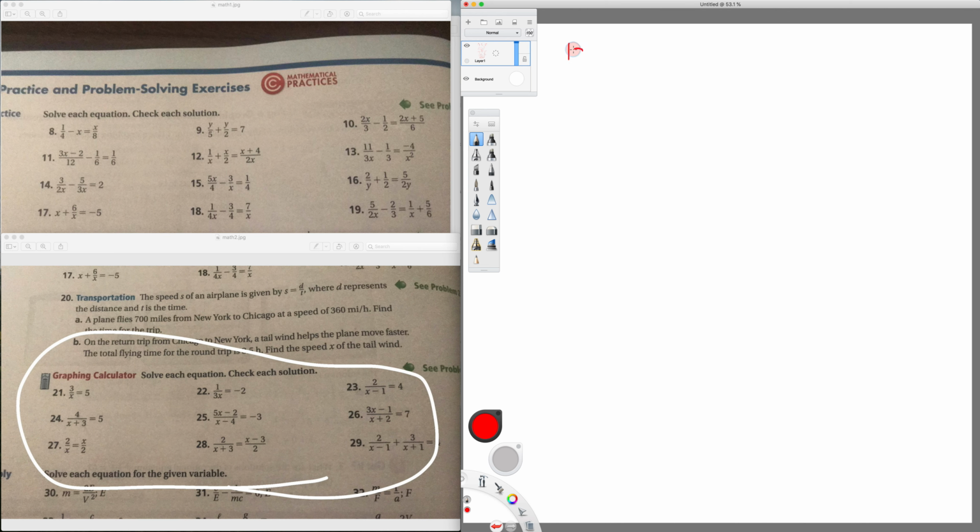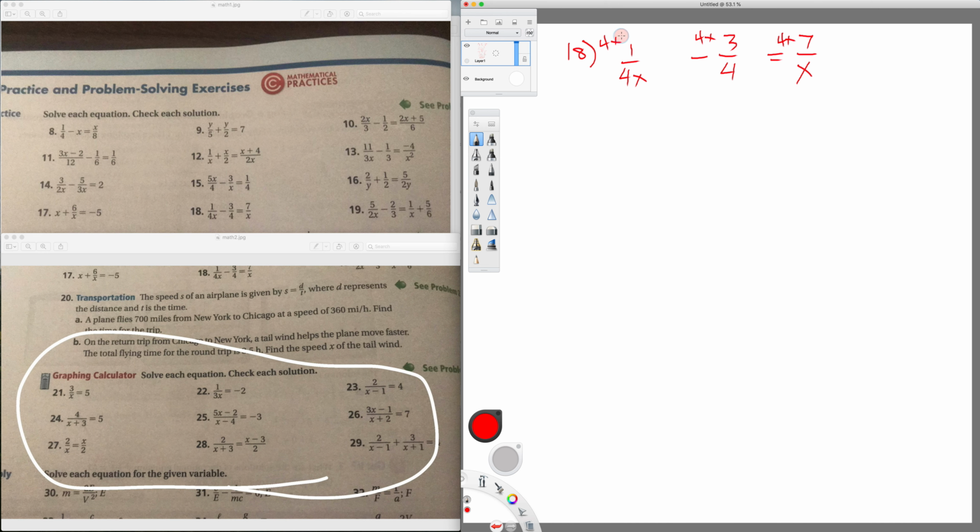So 18, we have 1 over 4x minus 3 over 4 is equal to 7 over x. My least common denominator is a 4x, so I'm going to multiply by 4x, and by 4x.